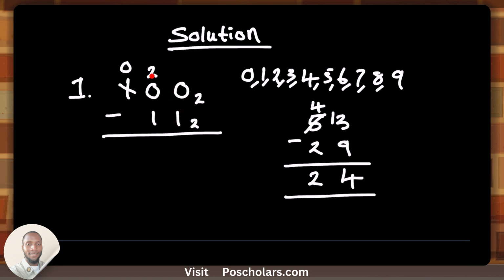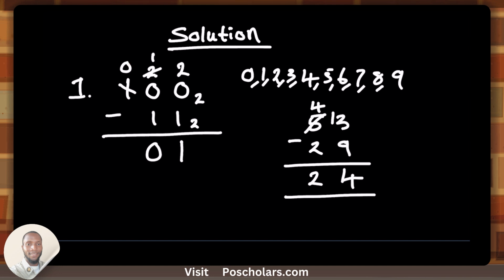Similarly, you borrow 1 from 2. When you borrow 1 from 2, you are left with what? 1. That particular one you borrowed from 2 takes the value of what? 2. So you add it to this 0. 2 plus 0 gives what? 2. Now you can say 2 minus 1, which gives what? 1. Then 1 minus 1 gives what? 0.